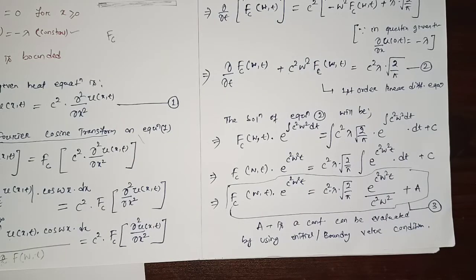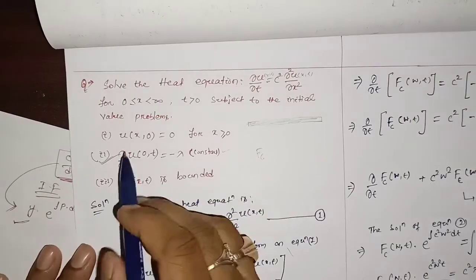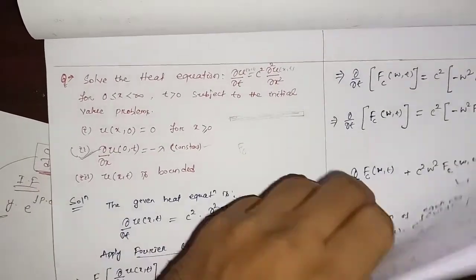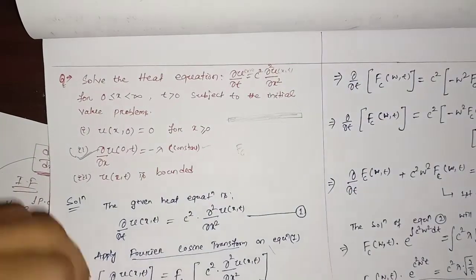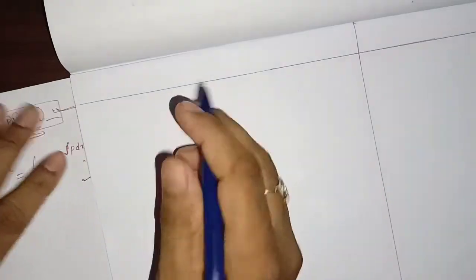So here you can see another boundary value has been given, that u(x,0) equal to 0. Now we are going to consider the first boundary condition to find out the constant a.